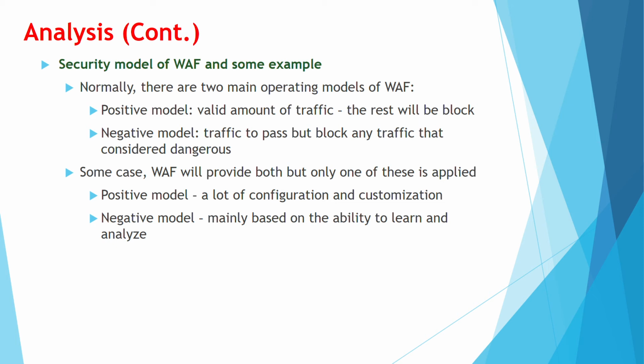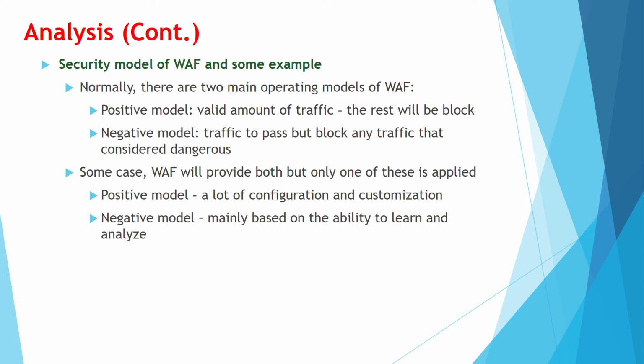The positive model only allows a certain amount of traffic to go through, so the rest will be blocked. But the negative model allows traffic to pass, but will block any traffic that is considered dangerous. In some cases, the WAF provides both models, but usually only one of these two models is applied.